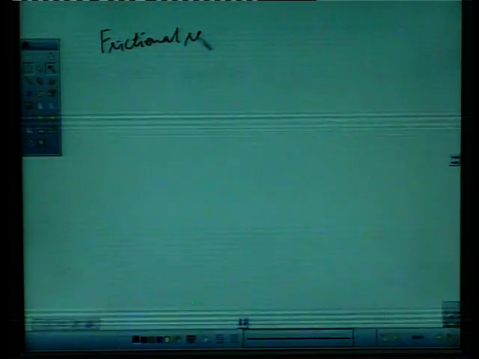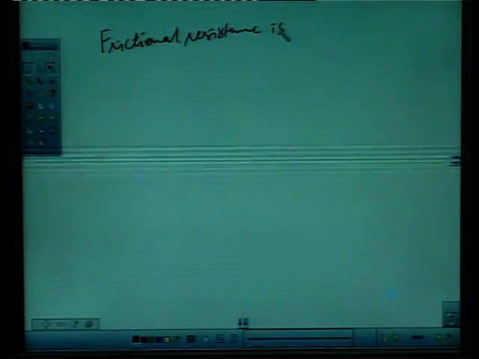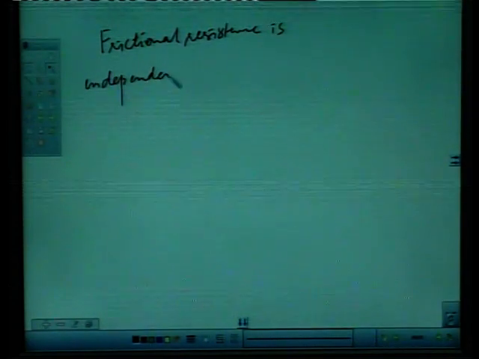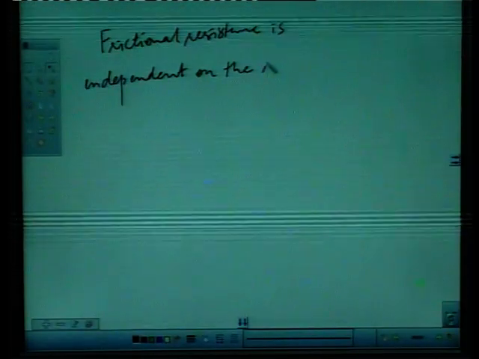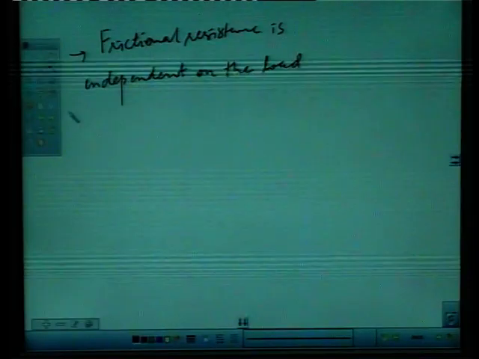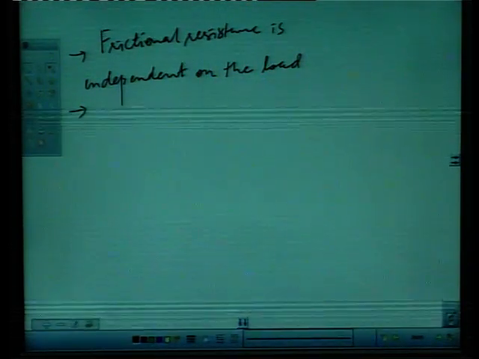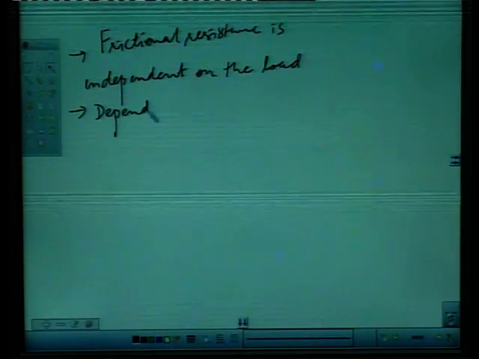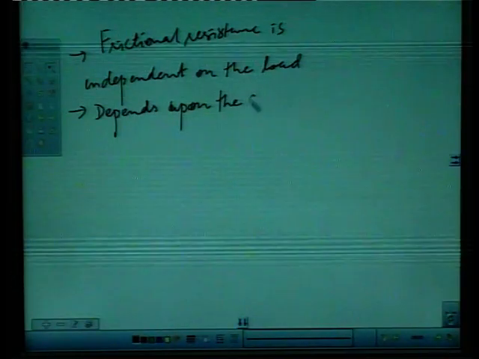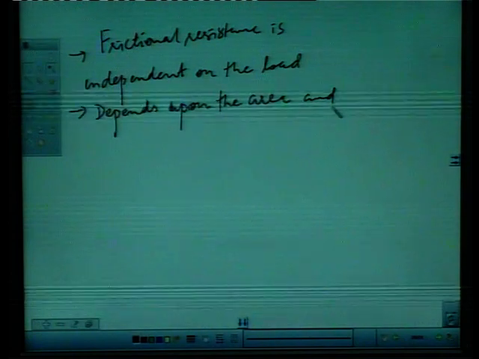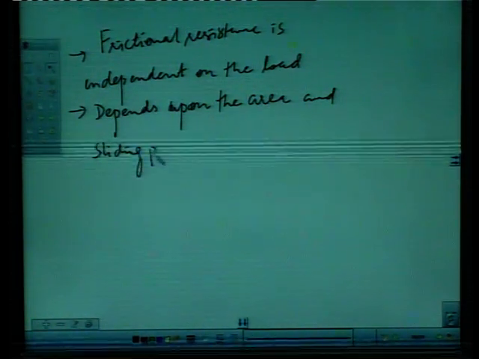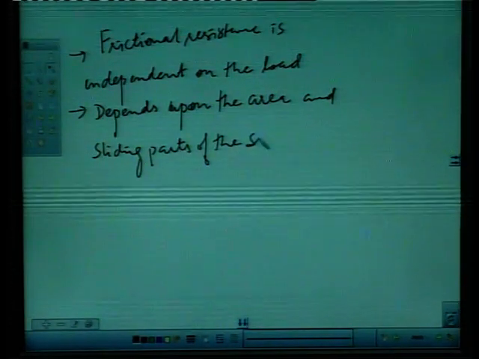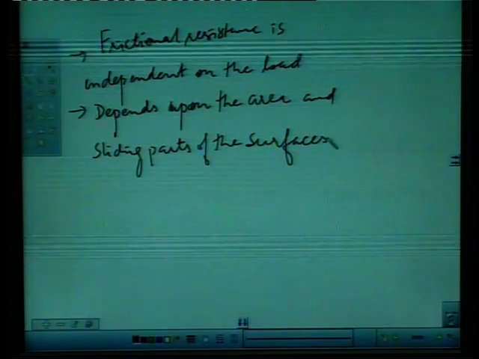Here frictional resistance is independent of the load, but depends upon the area and relative velocity of the sliding parts.